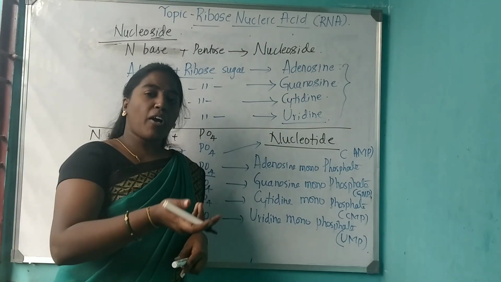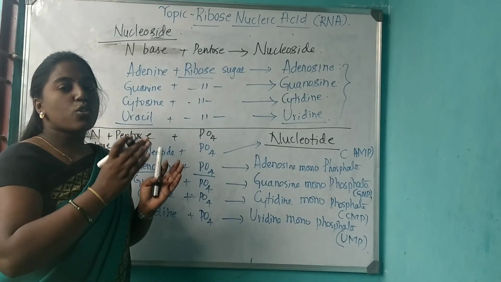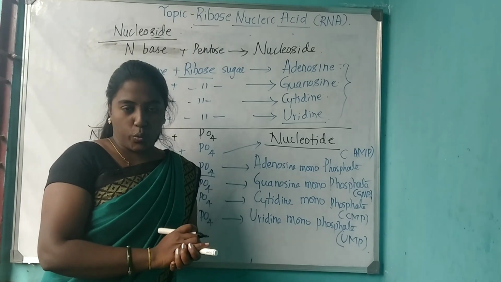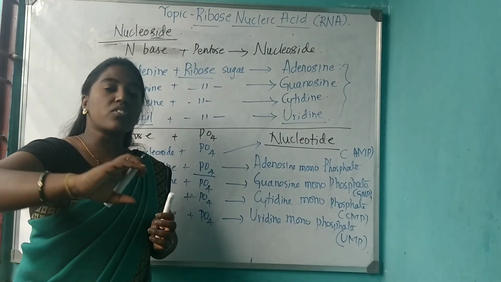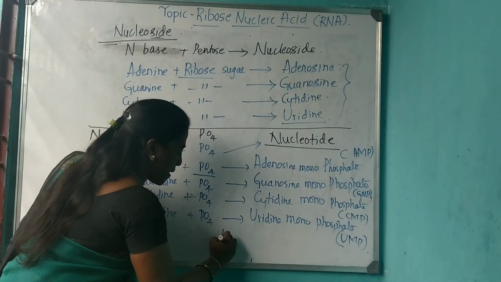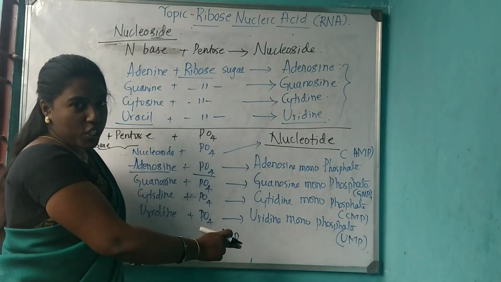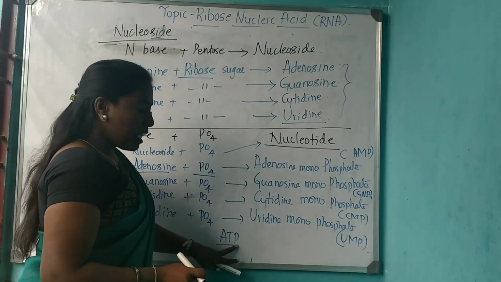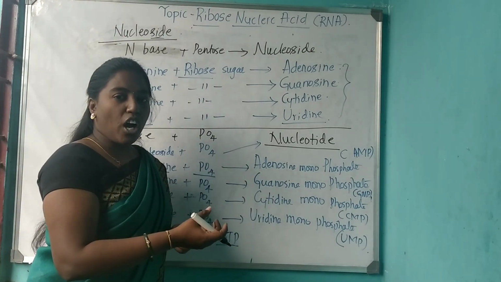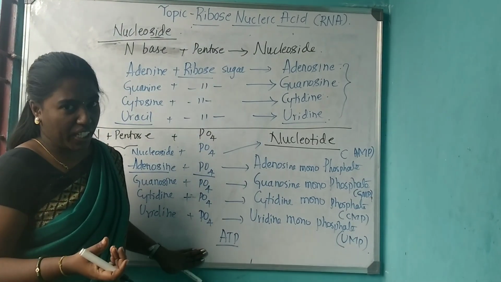Some of the higher nucleotides, when there is addition of some more phosphate groups, act as energy carriers. For example, ATP stands for adenosine triphosphate. When 3 phosphate groups are found, a high amount of energy can be carried with the help of the nucleotides.